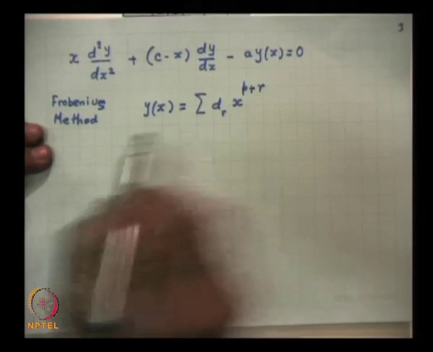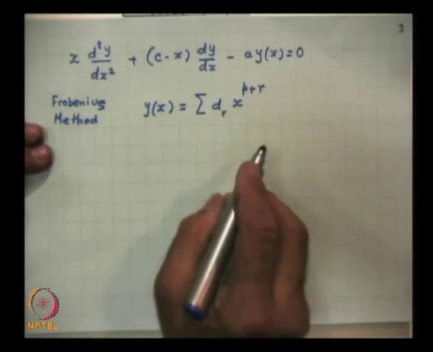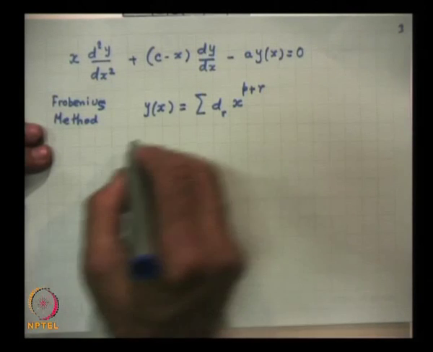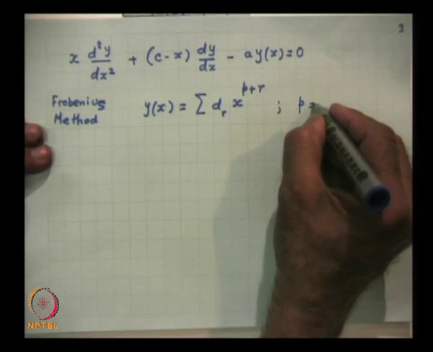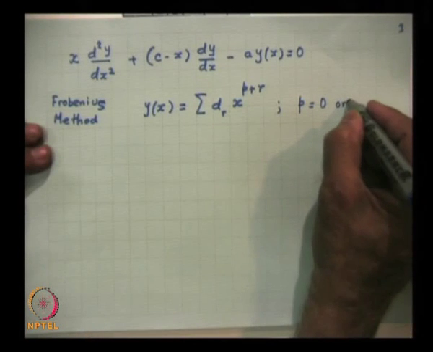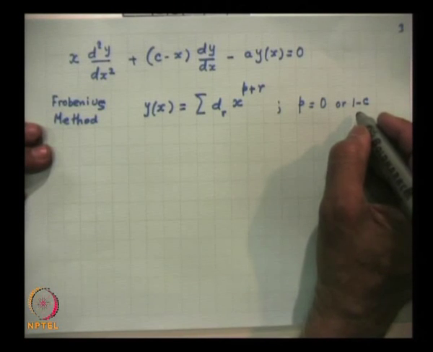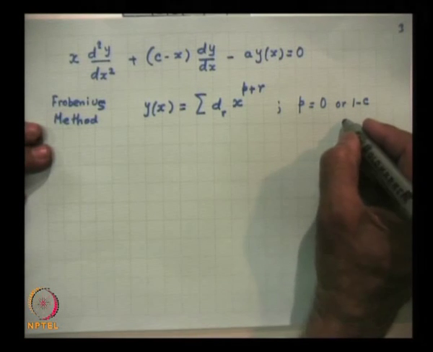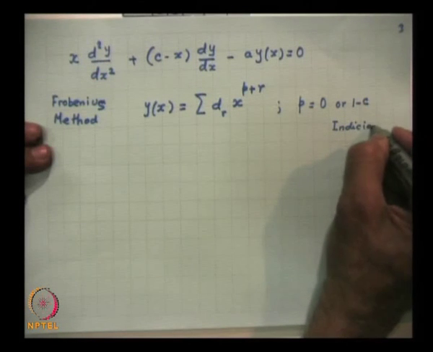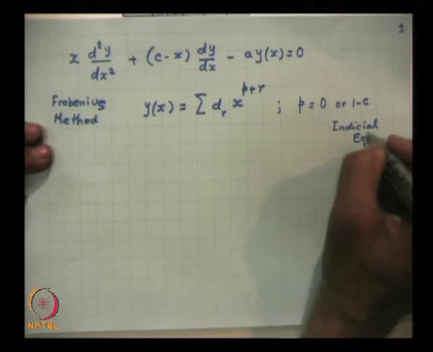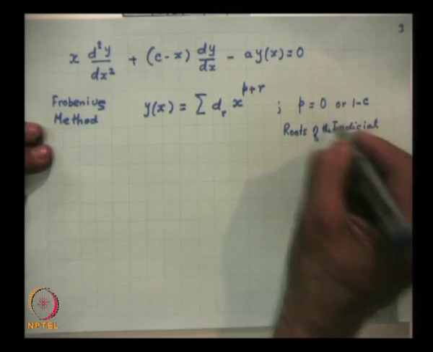When we substituted this solution in the equation, we found that p will be either 0 or 1 minus c. These are the roots of the indicial equation.